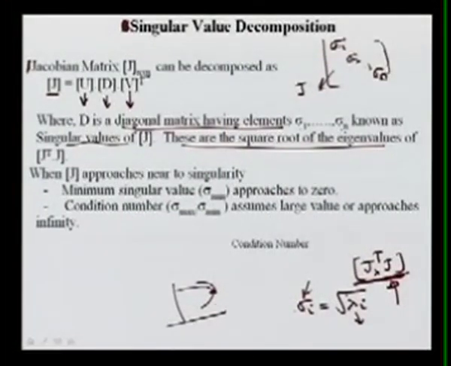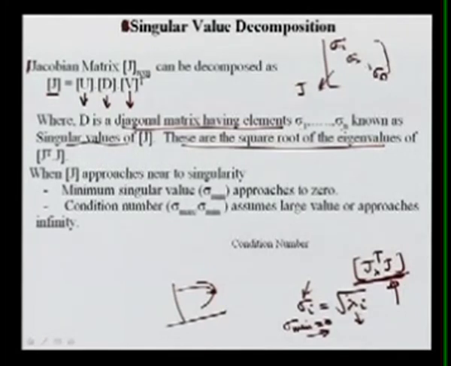The minimum singular value, sigma n, will then have value 0, so it approaches 0 as J approaches singularity. This singular value gives information about how much your system is operating away from voltage instability, that is, how far from the notch point.